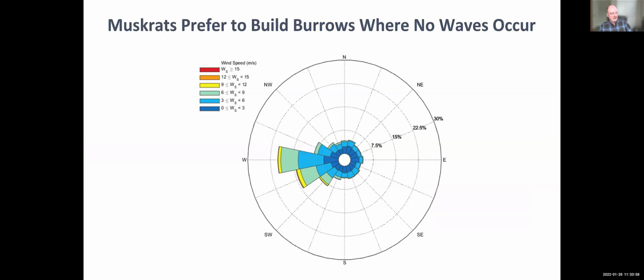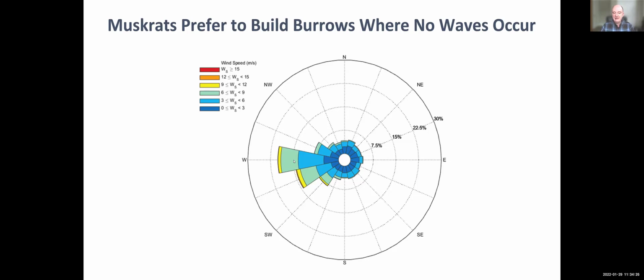One little tidbit of information, and I think it's borne out by my personal experience. Muskrats prefer to build their burrows where no waves occur. So this little image here is showing the wind direction at Dawson Creek. The dominant winds, especially at the higher velocities, are almost due west.